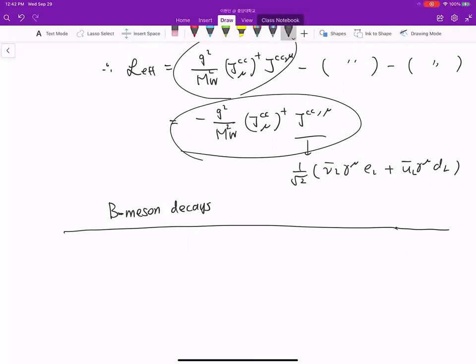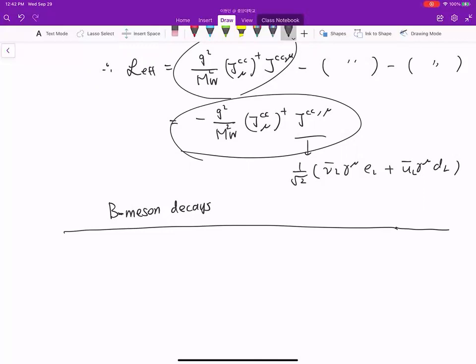And the way to construct the detailed structure is also interesting. You didn't know it from the beginning, but they wanted to explain some experimental data, and they figured out the existence of new particles.